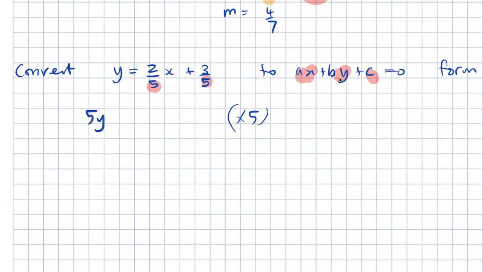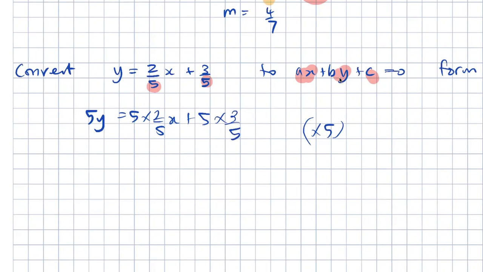So we get 5y, 5 times 2/5 x, and we get 2 times 5 times, 5 times 3 over 5.